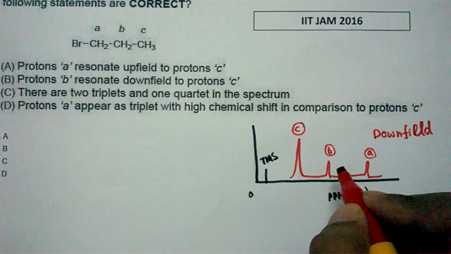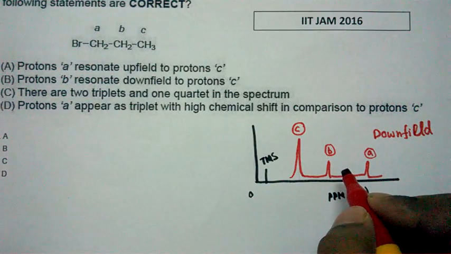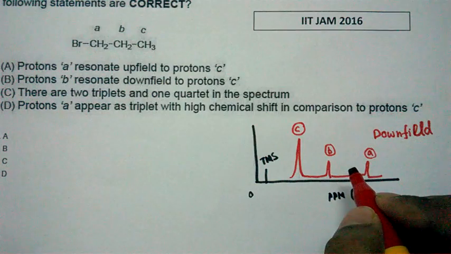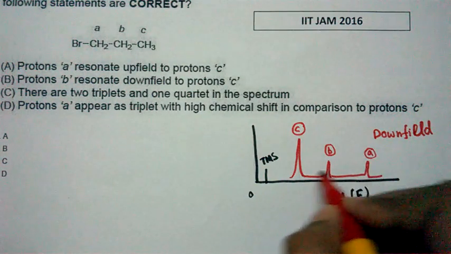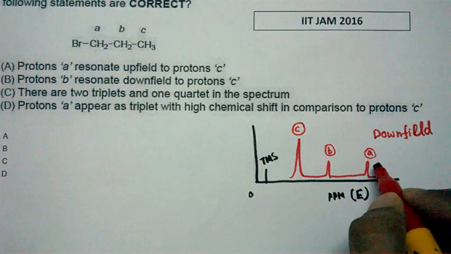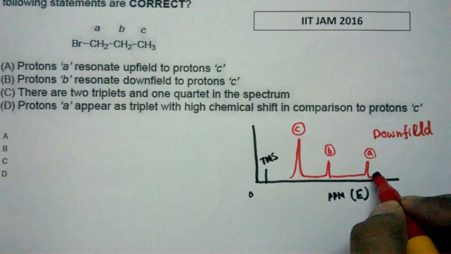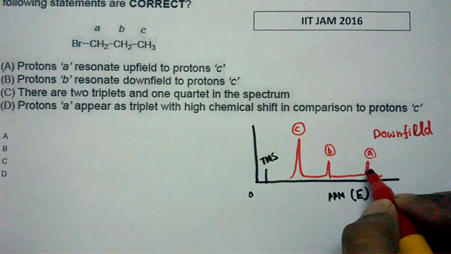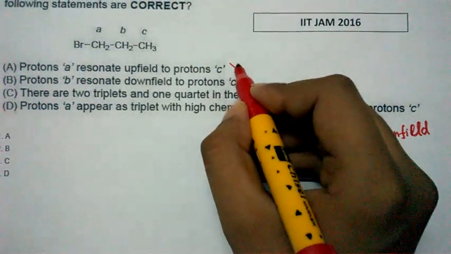Let's analyze the first option. The first option says A is resonating upfield to proton C. They said A is upfield to C, but from this spectrum you can see A is actually downfield. A is downfield in the spectrum, so this option could not be correct. This option is wrong.